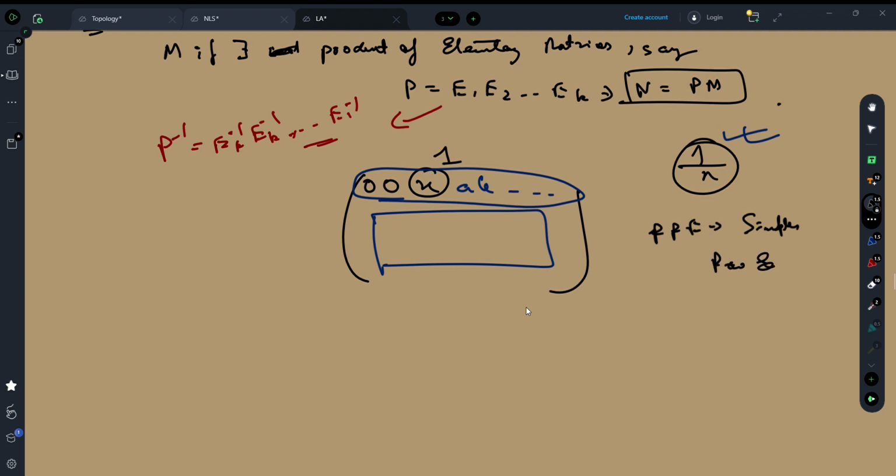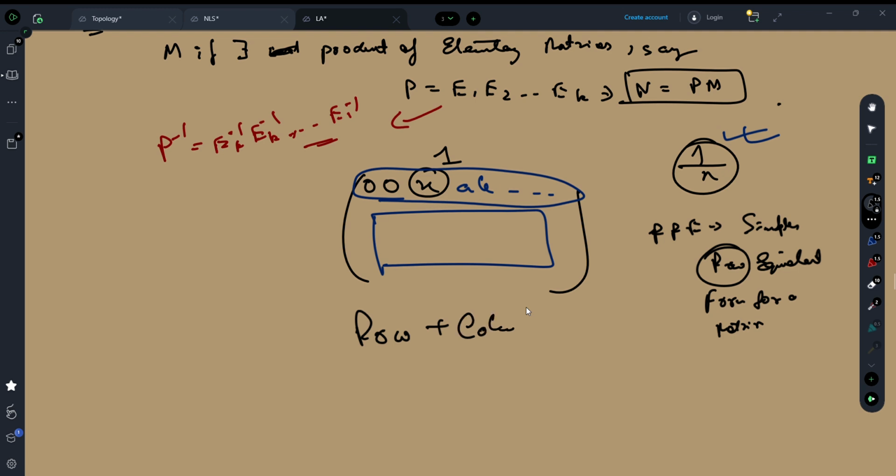But to have some simple form, we know that the row reduced echelon form was the simplest row equivalent form for a matrix, right? But we cannot use the row operations alone to have a simple form.